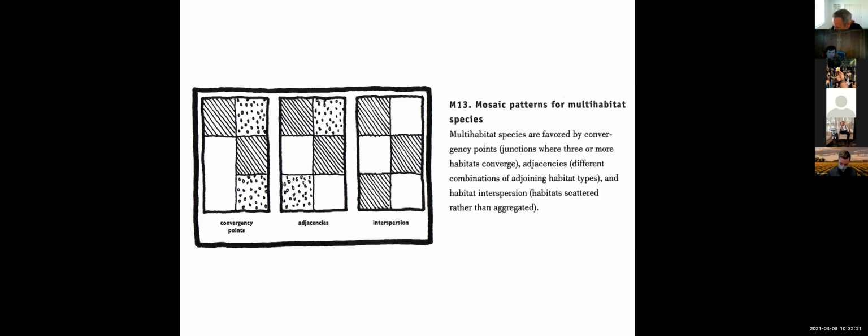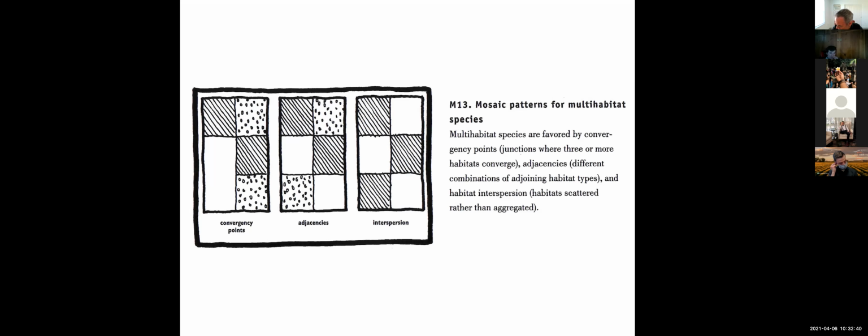And those same generalist or multi-habitat species are also going to be highly favored under three other mosaic patterns. The first one is in areas of convergency, where three or more habitats come together. Those generalist species are going to predominate.